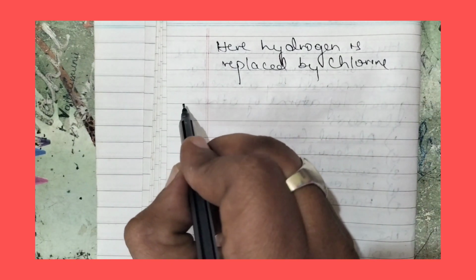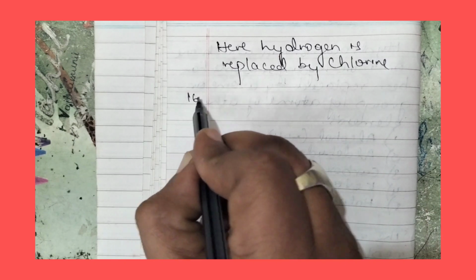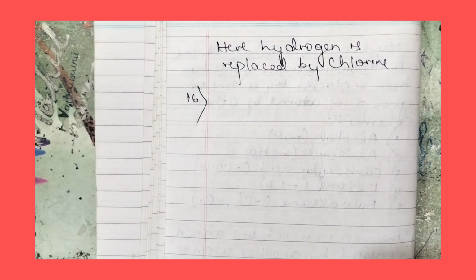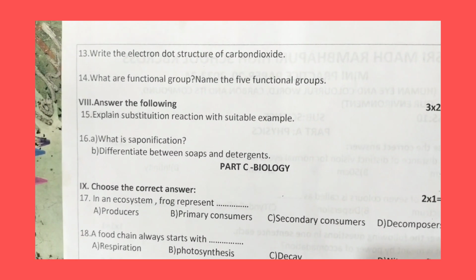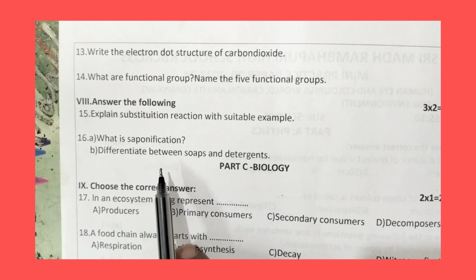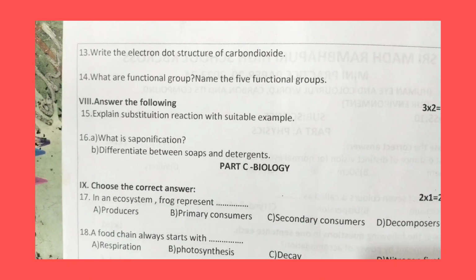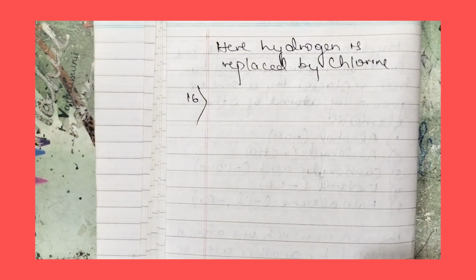Now let us move to the 16th question, and this is the last question of chemistry. The 16th question is, what is saponification? Differentiate between soaps and detergents. So now let us answer what is meant by saponification, and let us differentiate between soaps and detergents.